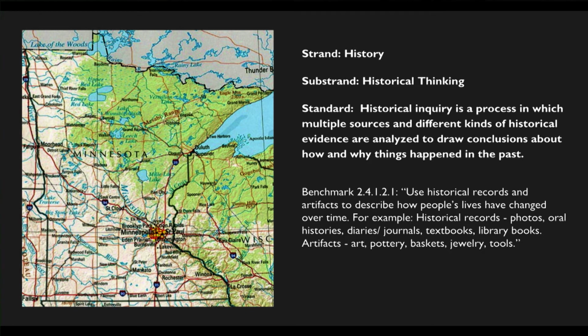So I'm focusing in on a Minnesota standard and a Wisconsin standard. The Minnesota standard is historical thinking, and Minnesota has grade-specific benchmarks identified. So here, this benchmark is part of the historical inquiry standard, and it is geared for second graders.